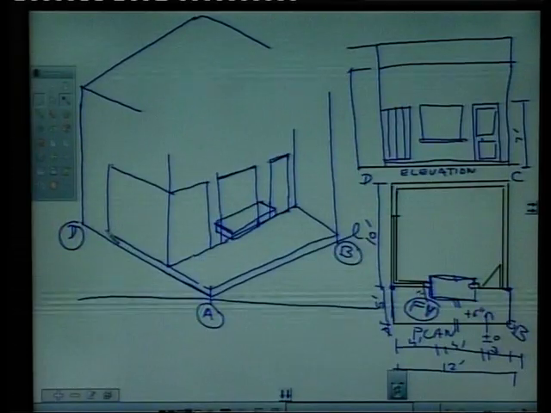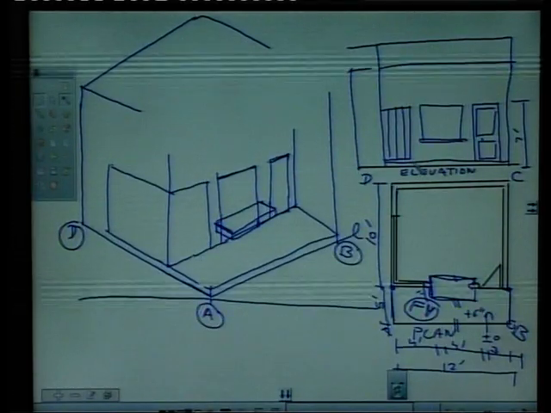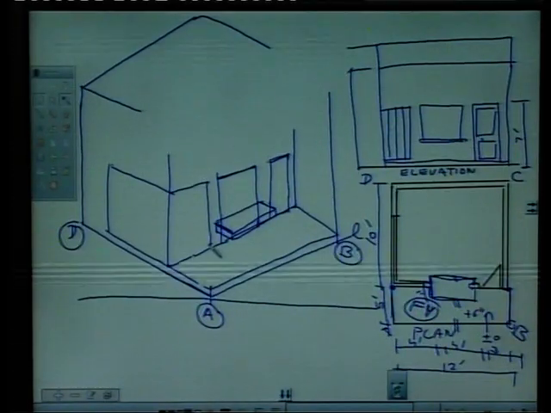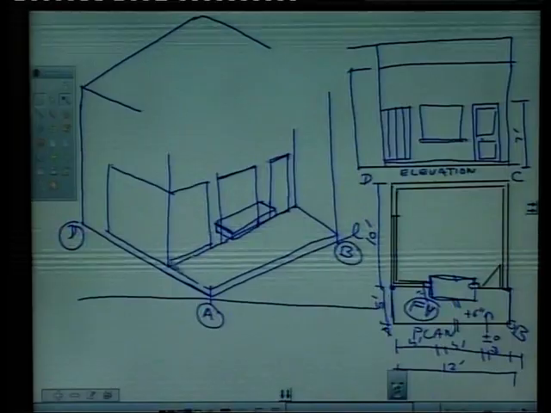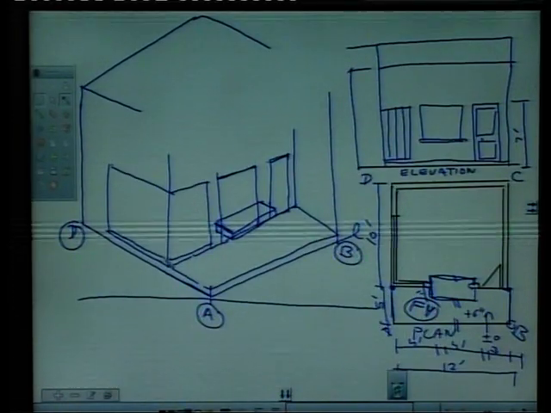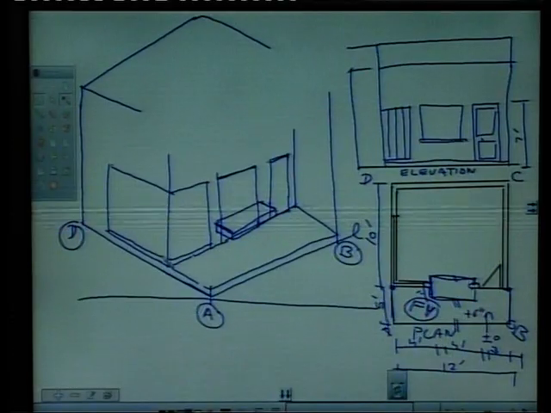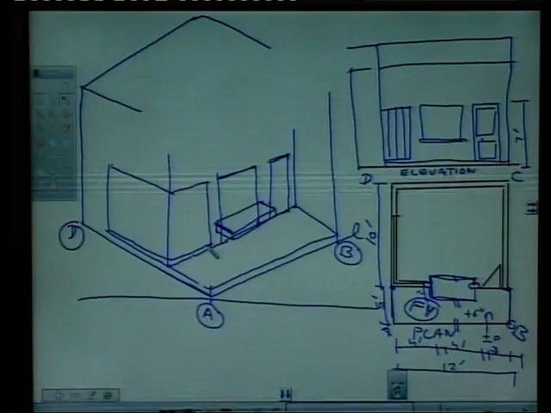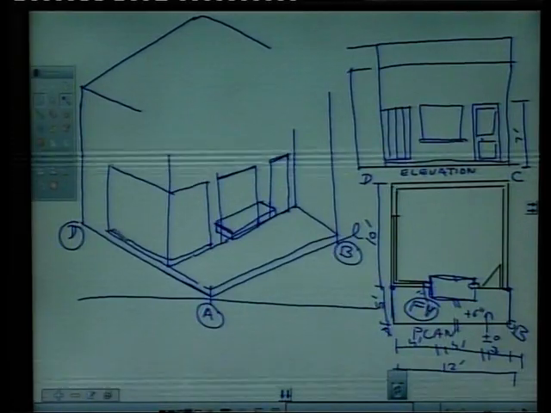Say window is little lifted from the ground, so we will lift window, say it is lifted 4 inch to accommodate skirting, right. And complete the window by providing some mullions.